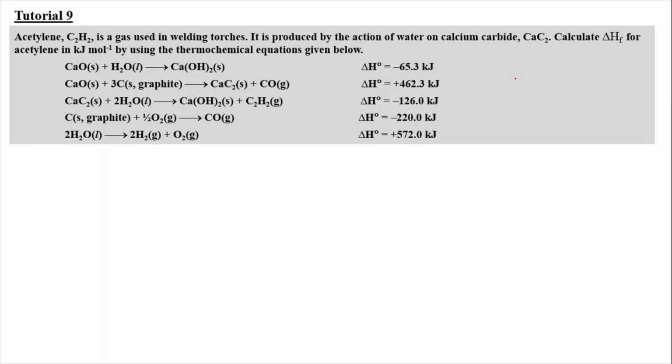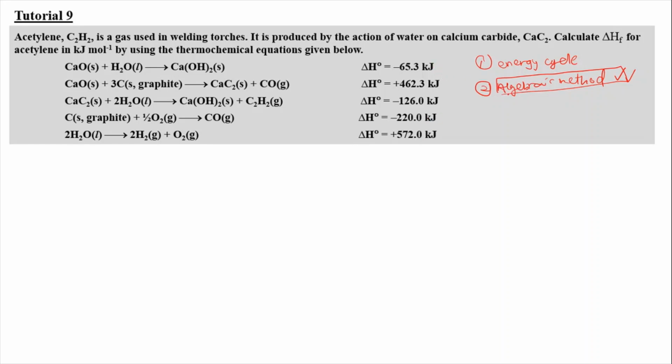So we have two ways. First, we can use the energy cycle method, as in the previous example, or we can use the algebraic method. But I suggest you use the algebraic method because it is much easier when it involves a lot of equations.